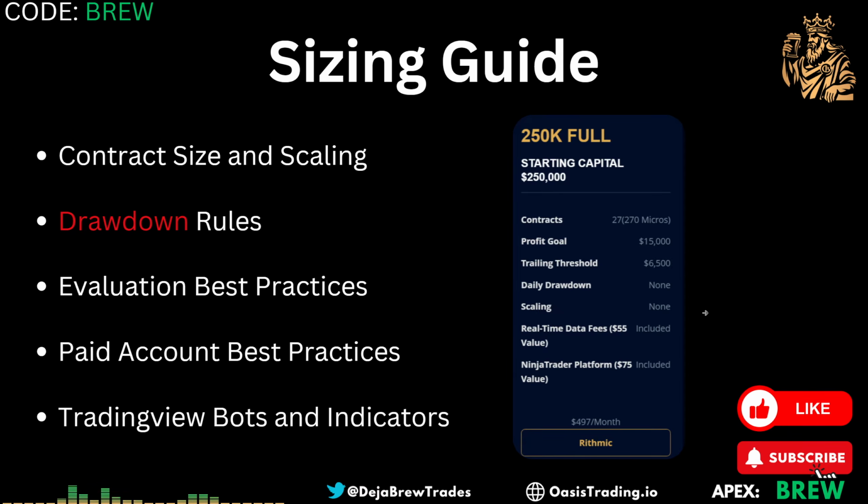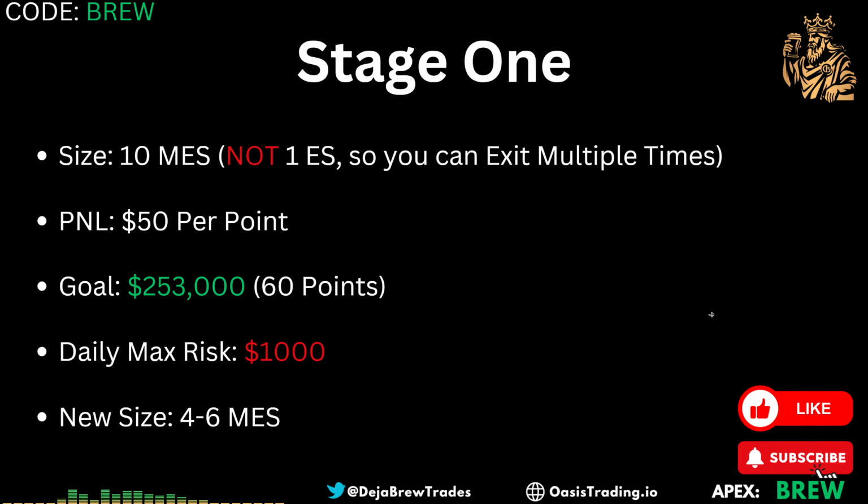Now, on the 250K account, the risk reward is a bit worse. It's a little bit over 2-to-1. You have to make 2 times as much as that trailing drawdown. But if you are trading a relative size, a good size, which we're going to talk about in this guide, you're going to be comfortable, right? You're not going to lose this account with that trailing drawdown in a matter of days.